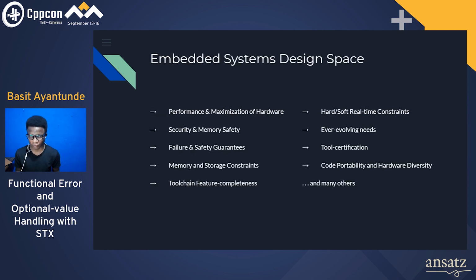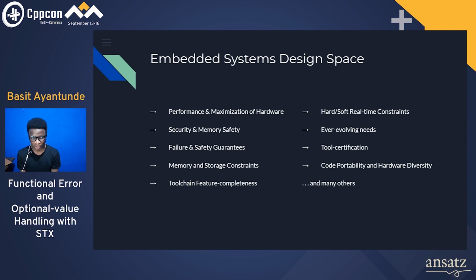So a brief overview of the embedded system space, and some design considerations that are usually used for writing software. We try to maximize performance and utilization of the hardware. And we try to make the firmware as secure and memory safe as possible.